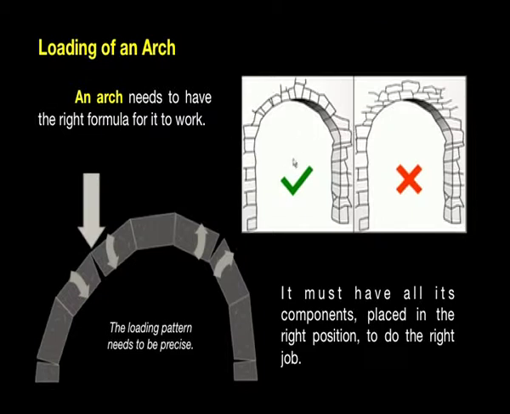The main difference between the one on the left and the one on the right picture is how the stones are arranged. If you look clearly, all the stones are placed in such a way that the load of one stone is easily transferable to the other stone purely by compression, whereas in this picture, the load of one stone is neither transferred to another stone, nor is it absorbed completely by the ground.